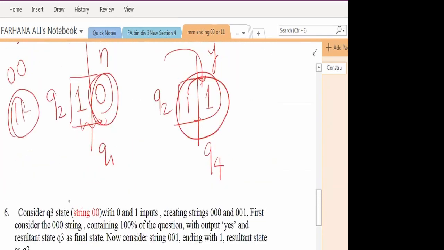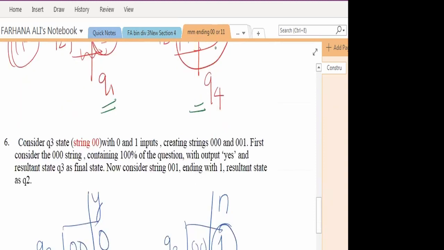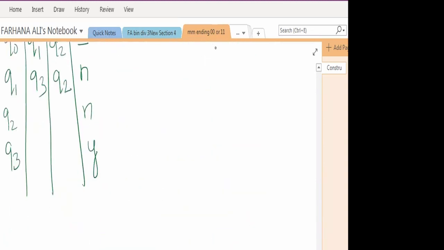Now Q2 on 0 is going to Q1, and on 1 is going to Q4 with the output yes.